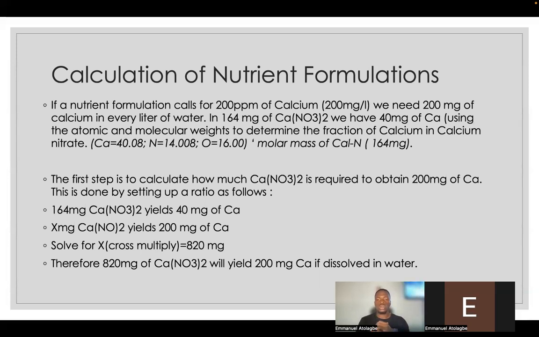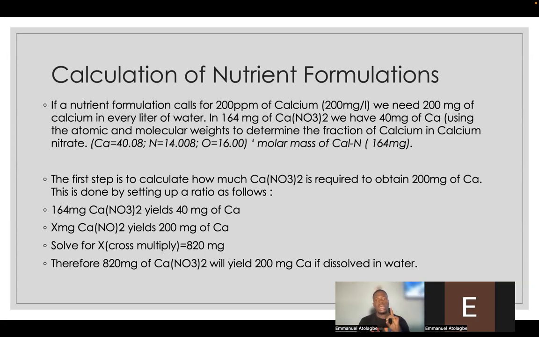To cut the long story short, without doing our molar mass calculation and all, you have the weight of calcium nitrate to be 164 milligram. That is, if you were to reduce yourself or become an Ant-Man, and you take a mole of calcium nitrate and put it on a scale, you will get 164 milligram.